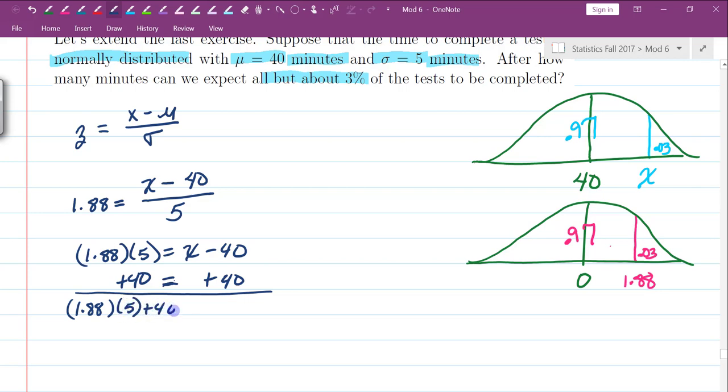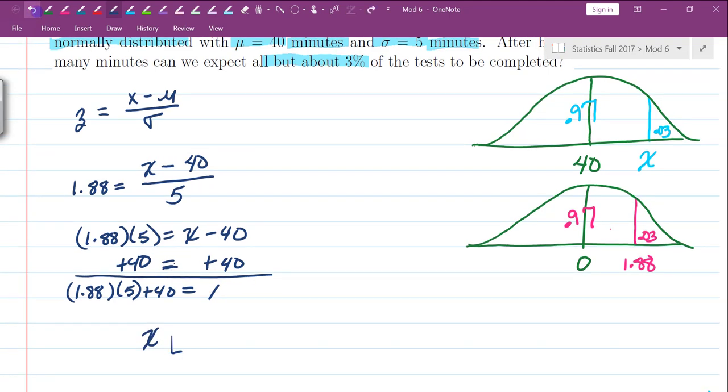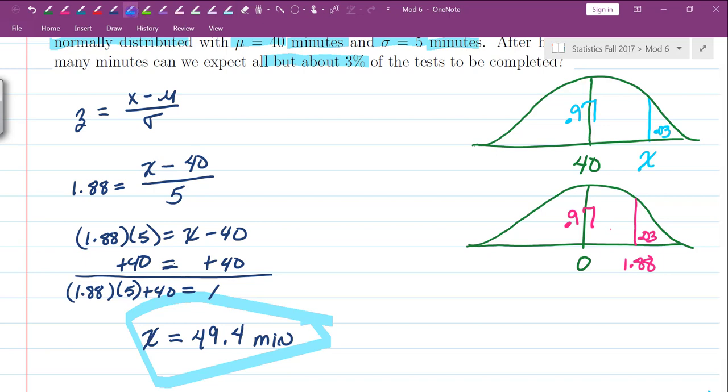When you put this in your calculator, you find that x is equal to 49.4 minutes. So x is equal to 49.4, and that is how we finished that particular problem.